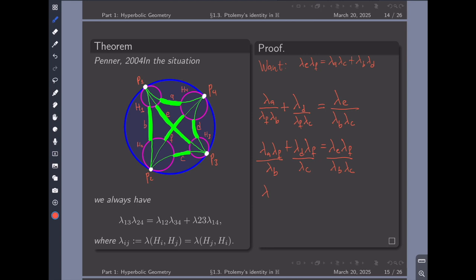Sorry? You have multiplied by lambda F. It's not on the left side. Yes, thank you. This I really have to edit in the video. And now multiply by lambda B, lambda C. So it's lambda A lambda C plus lambda D lambda B equal to lambda E lambda F, which is what we wanted.